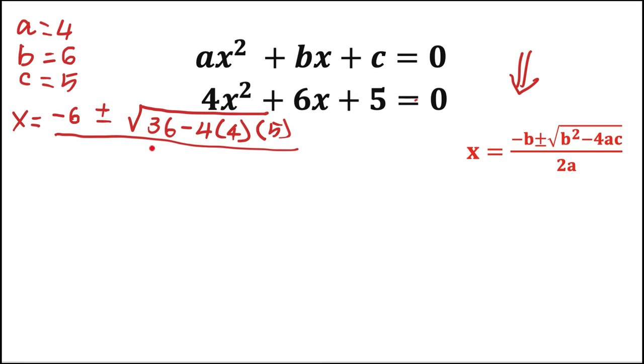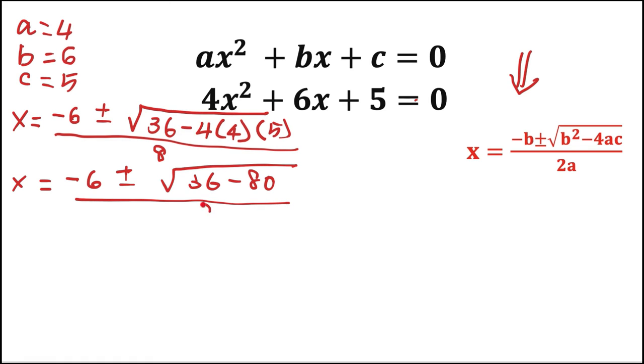Because 2a, 2 times 4, is 8. Then we simplify inside the square root. So negative 6 plus or minus the square root of 36 minus 80, all over 8. And this will be negative 6 plus or minus the square root of negative 44, all over 8.